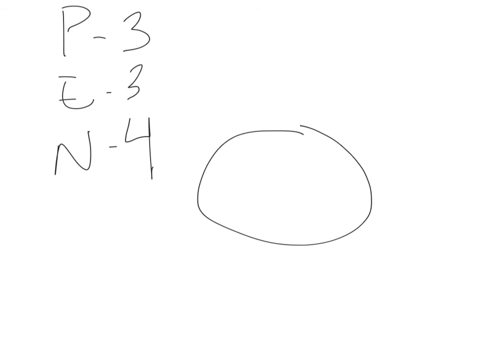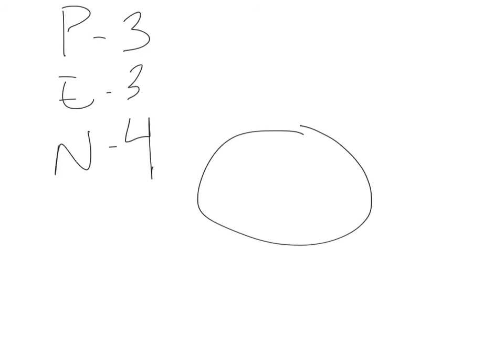At this point, what I should be able to do is, if I'm looking at an element or if my teacher is telling me how many protons, electrons, and neutrons there are for a specific atom, classify those and place them in their specific place on a picture of an atom.